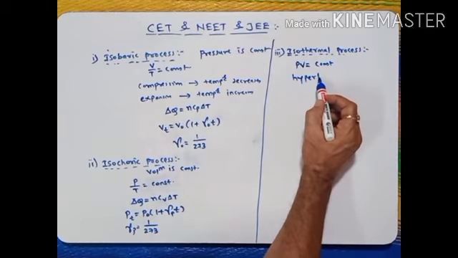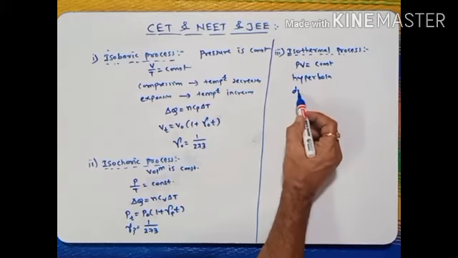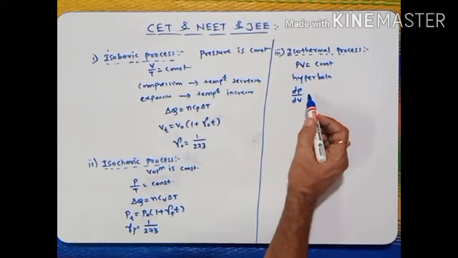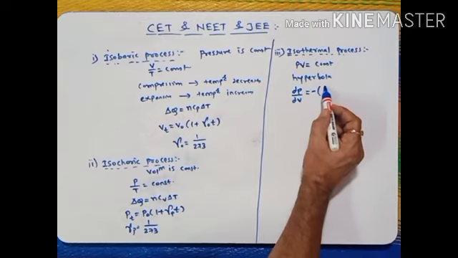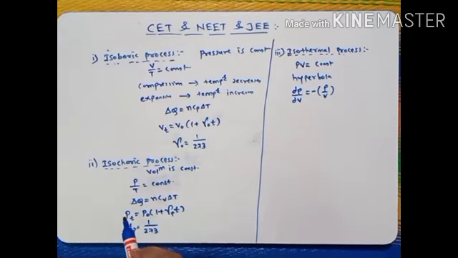We consider the slope of the isothermal curve at any point, that is we write dP upon dV is equal to minus P upon V. It is negative and is equal in magnitude to the ratio of P and V at that point.